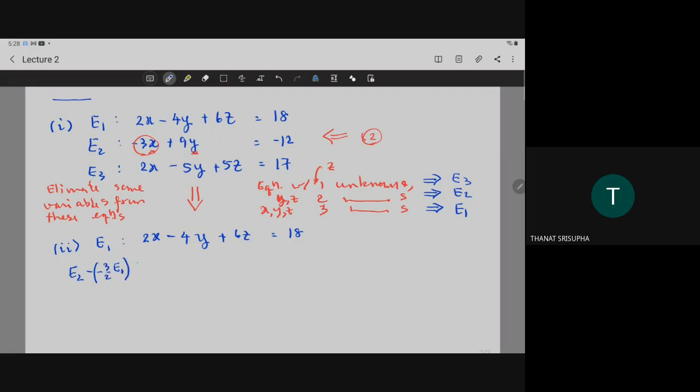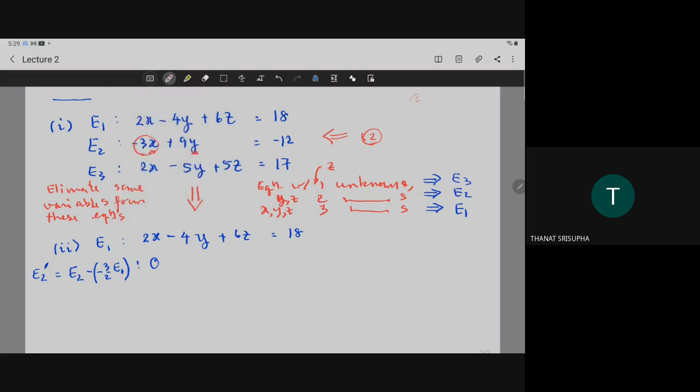And let me write this as equation 2 dash to signify that it's changed from equation 2. Okay. So if we do this, what are we going to have? The first term will disappear. So this will be 0. Maybe I can jot it outside at the top so that you can see.